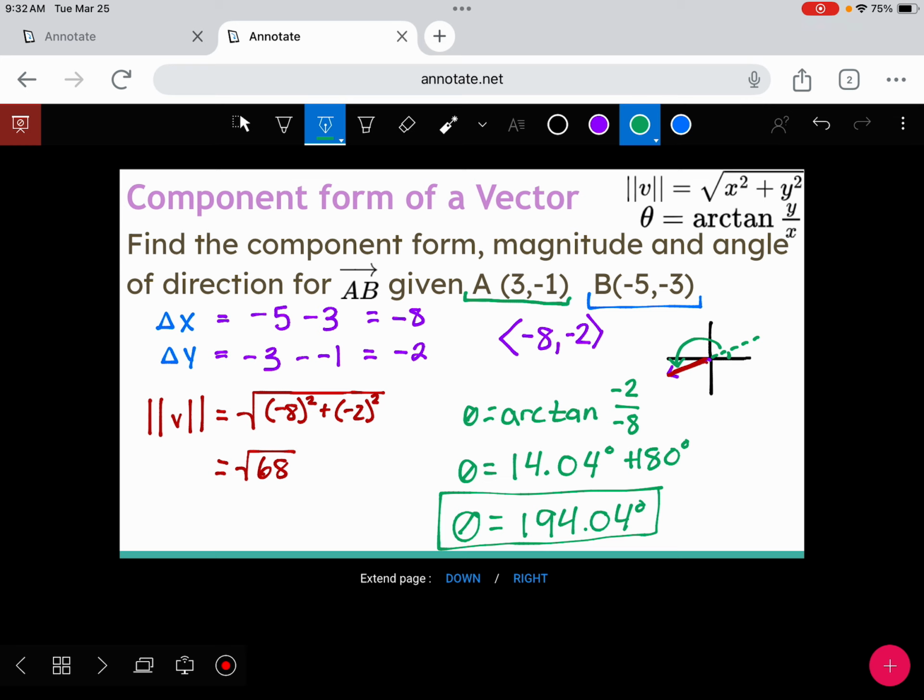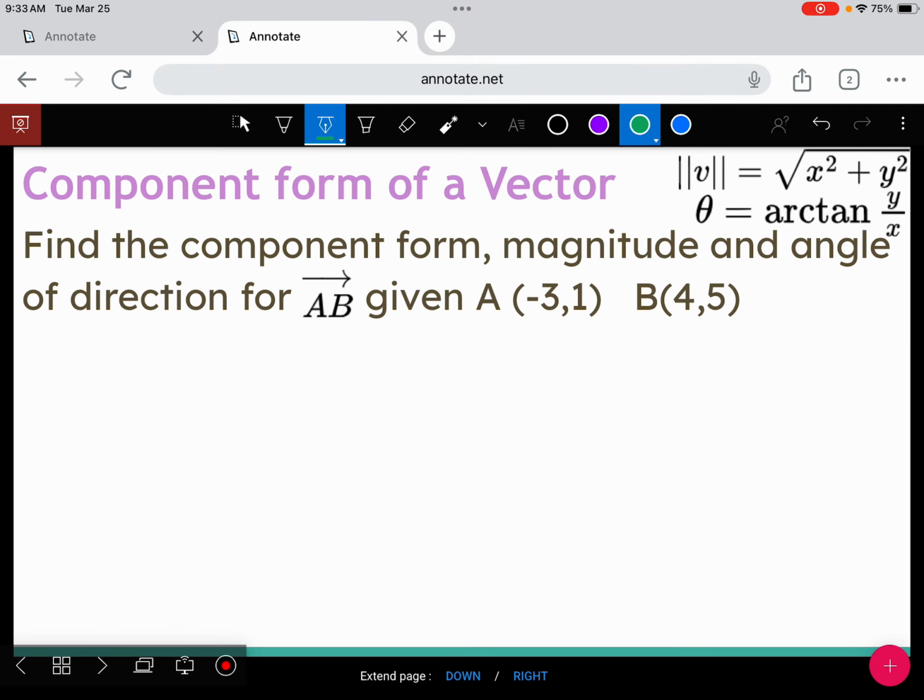Okay. We can practice another one very much like it, just so we can see that. Same kind of vibe. We're going to find our component form. We're going to find our magnitude. We're going to find our angle.